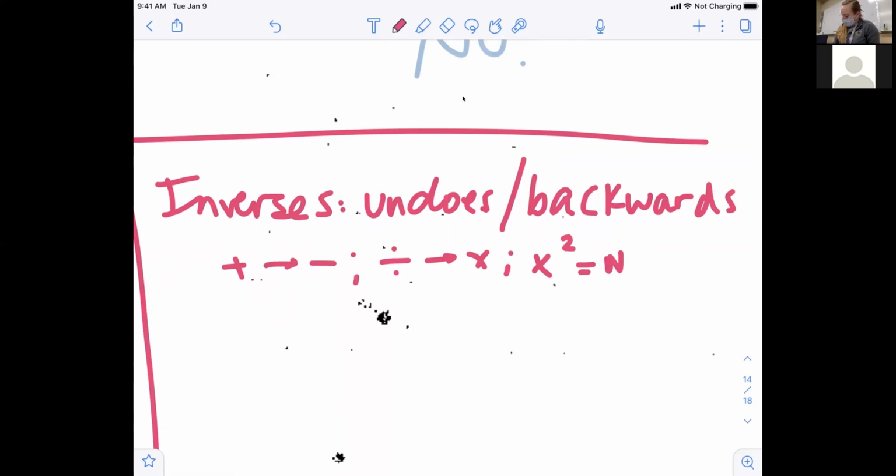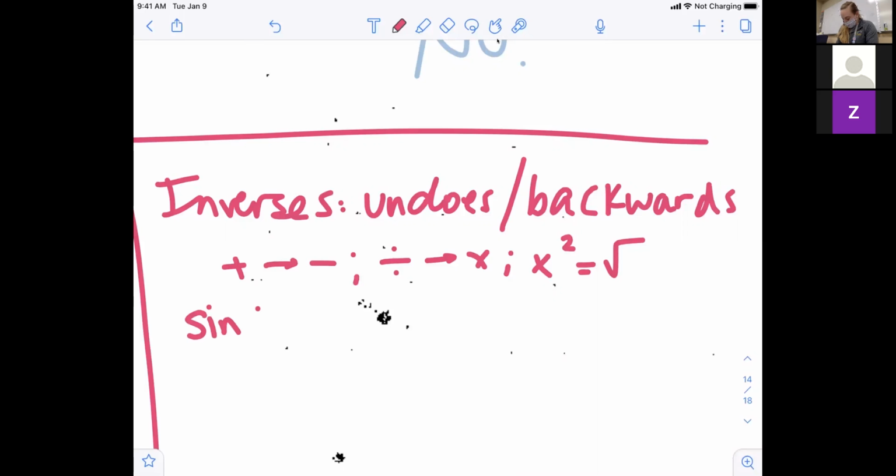So what I'm telling you here is these inverse trig functions undo a trig function, undo the original. For example, if I have sine of something, what undoes it is sine to the negative first, inverse sine. So let's write this.